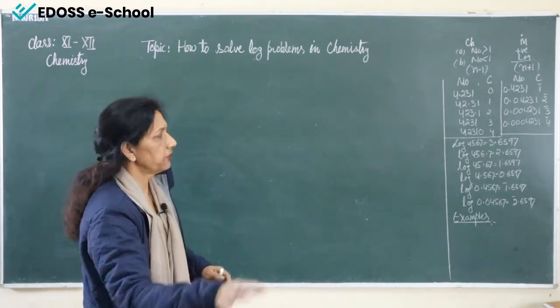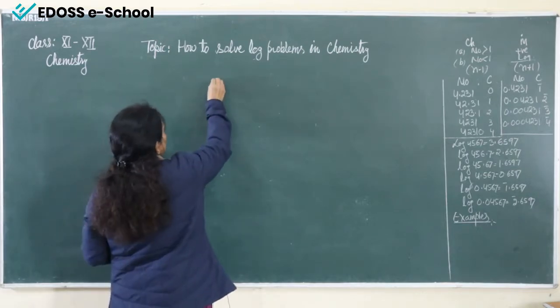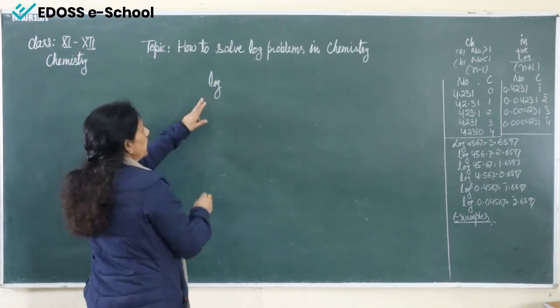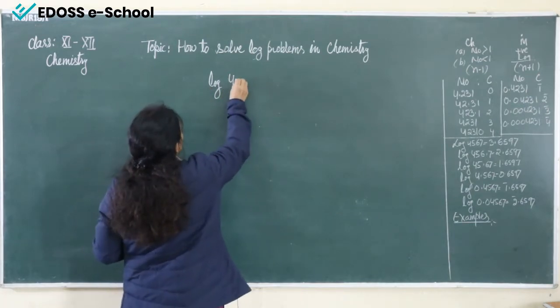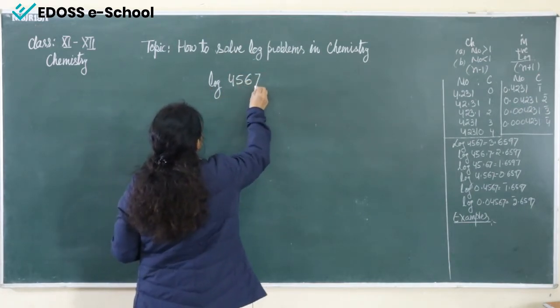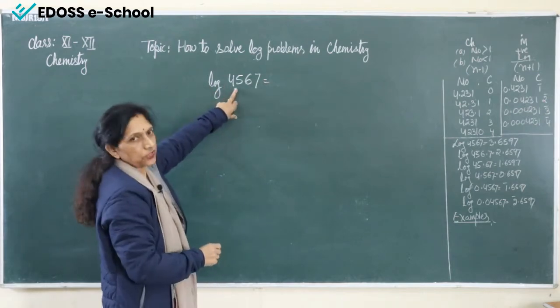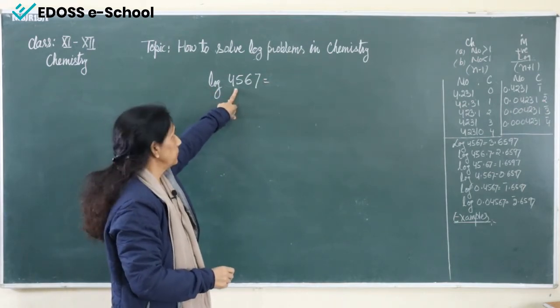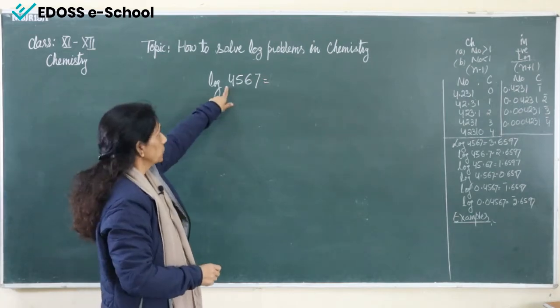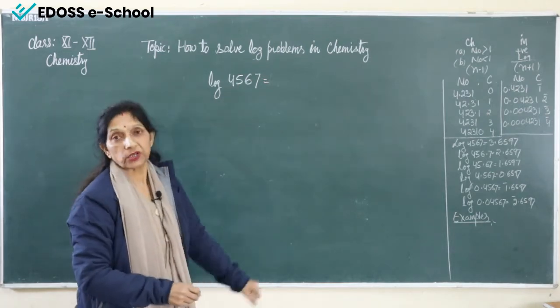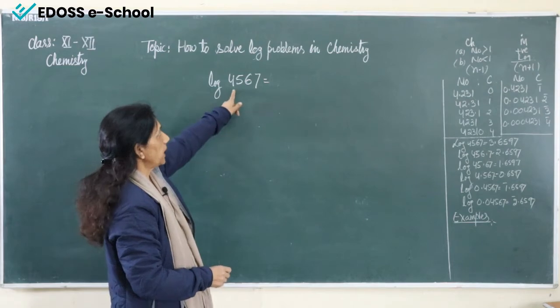Now suppose I have a number here, and I have to find the log of 4567. How will I do it? First thing, I'll have to find the characteristic. Because the number is greater than 1, which law will I implement?